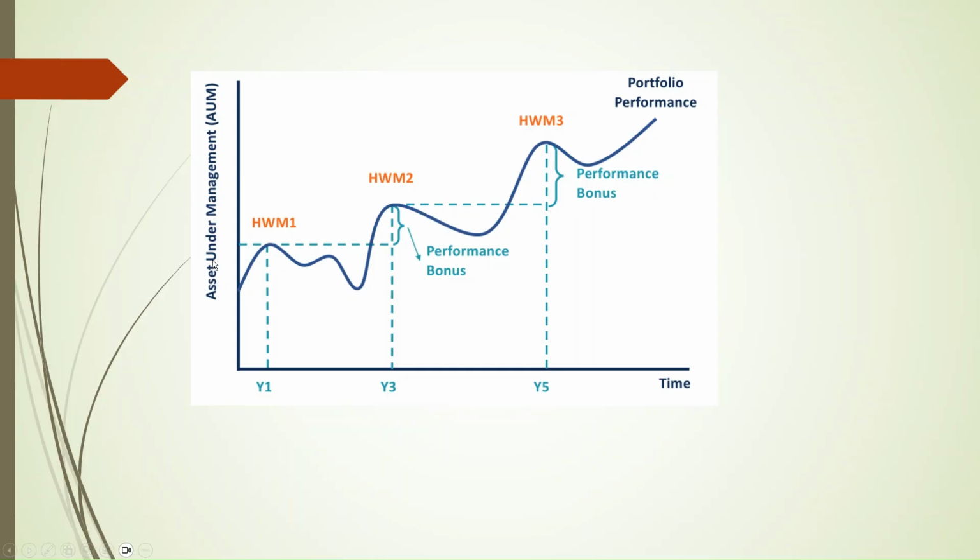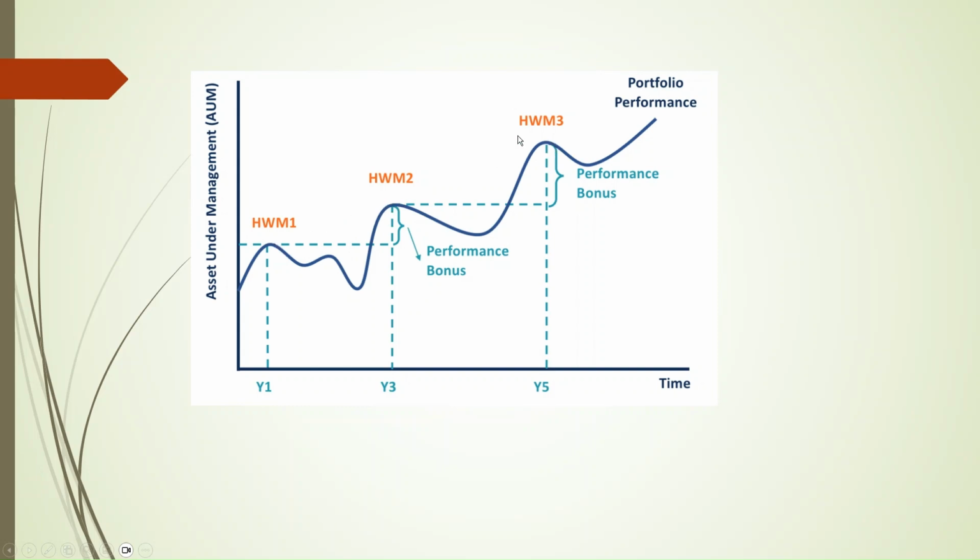Before we move to our models, let's quickly go through what high watermark is. A high watermark is the highest value that an investment fund or account has reached. It serves as a benchmark for calculating performance fees. For example, in a very typical picture you can find anywhere on the internet, you will see in this time series, the high watermarks are the ones that reach the highest point.